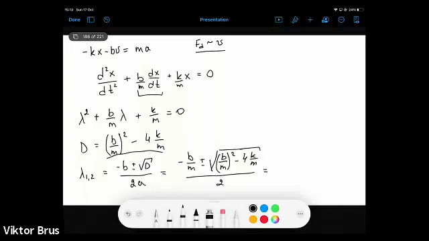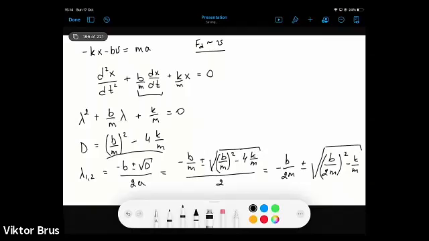So if we rearrange this denominator with 2, we can write minus b divided by 2m plus minus square root of (b divided by 2m) squared minus k divided by m.